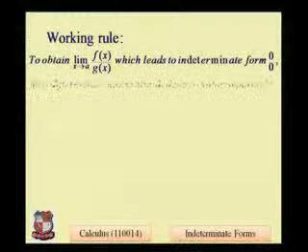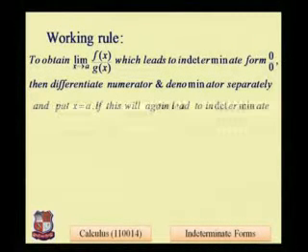We have to differentiate numerator and denominator separately, then put the given limit in it. If again the function reduces to an indeterminate form of our given type, that is 0 by 0 or infinity by infinity, then again we have to differentiate numerator and denominator separately. We have to continue this process until we get a finite limit value. That is the rule, as I have told you.